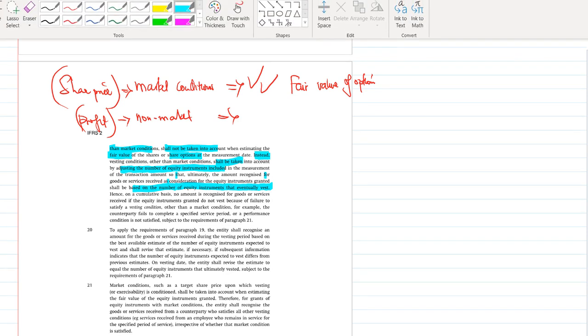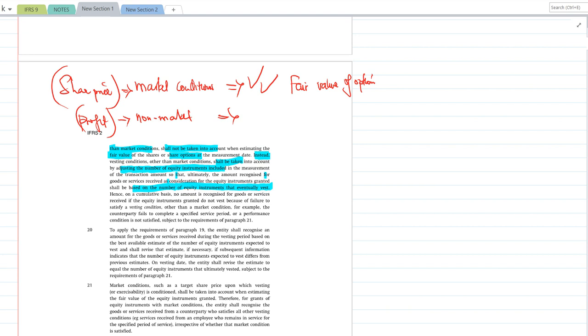So these are taken into account in determining the number of equity instruments expected to vest. Do you guys get this? That's how you read those paragraphs.